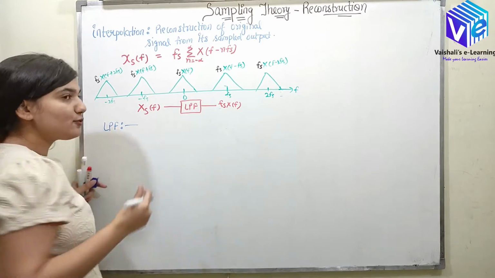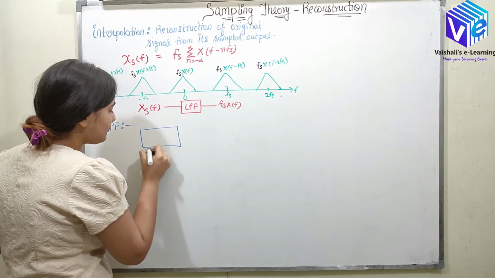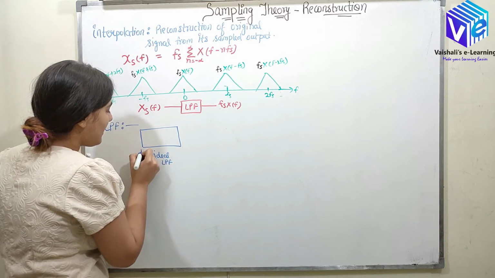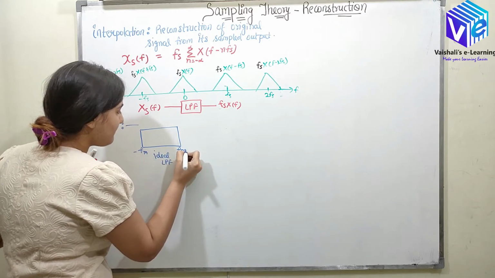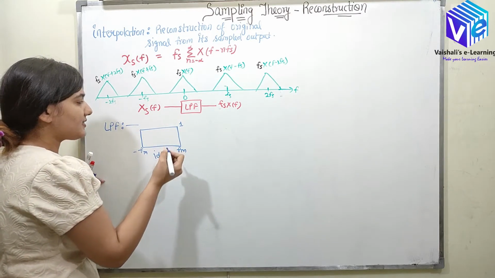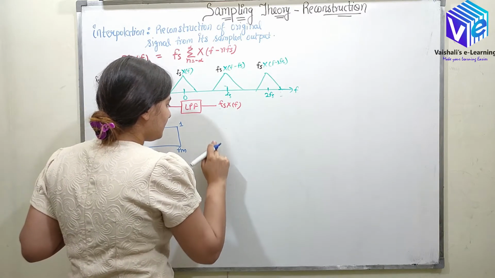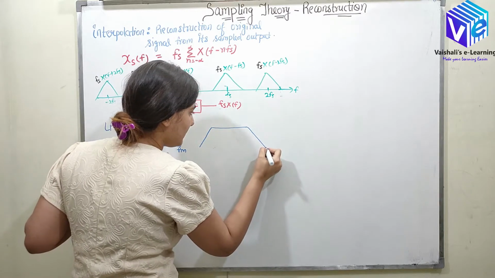Now about the low pass filter. We can have two types of low pass filter. First is the ideal low pass filter. Here it has the bandwidth twice of Fm, and I am taking its gain to be 1. Then we have another low pass filter, which is the practical low pass filter.